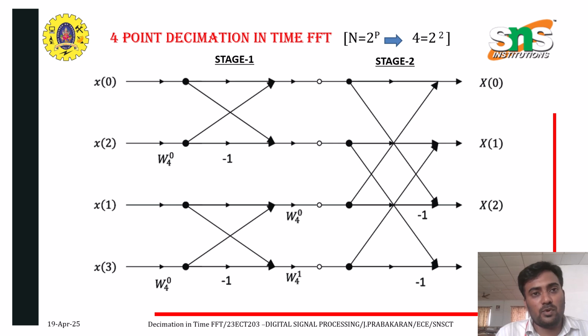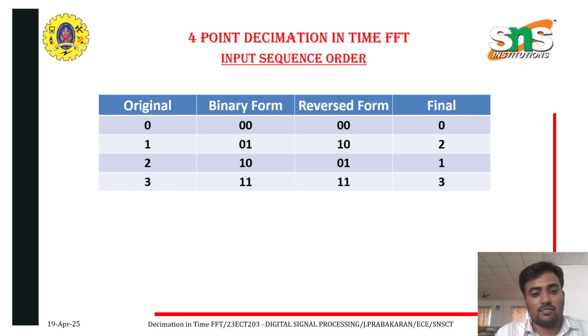Input is the time domain, output is the frequency domain. The twiddle factor for the first stage is W4 of 0, and for the second stage it is W4 of 0 and W4 of 1.